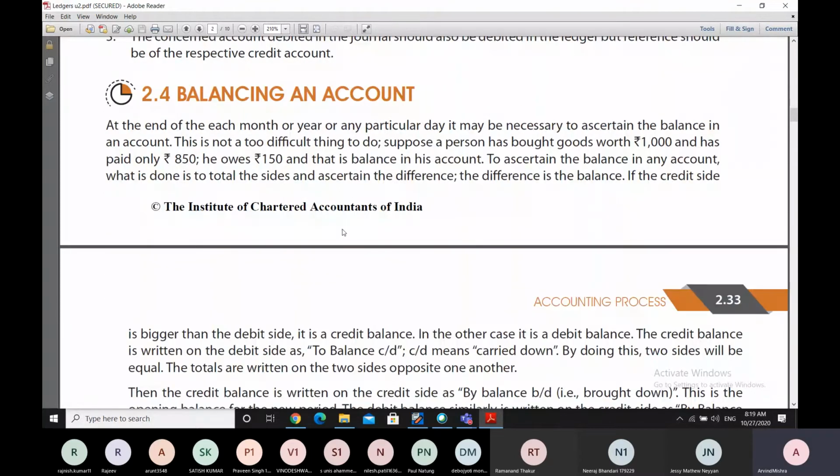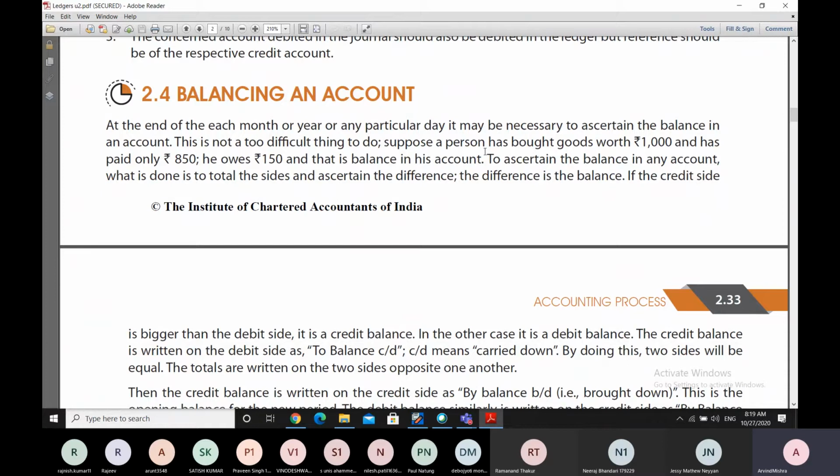But before making the entry in the ledger, the first thing that we have to understand is balancing an account. At the end of each month or year, or at the end of any particular day, it may become necessary to ascertain the balance in any account.